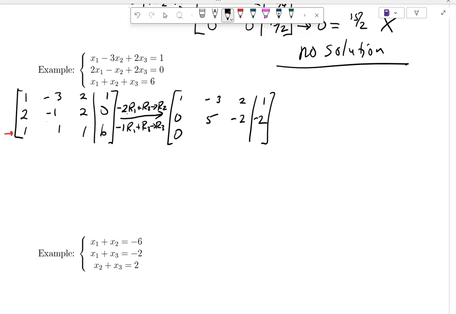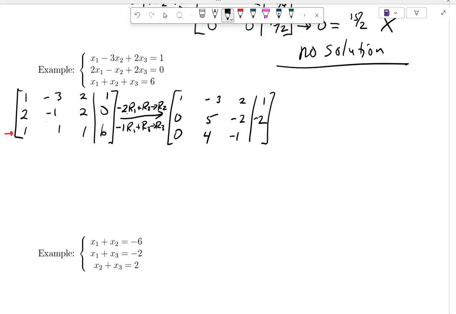Again, that'll make that a 0 for sure. What do you get for the next one? So I'll do -1 times -3 gives you +3 plus 1 is 4. The next one will be -1.